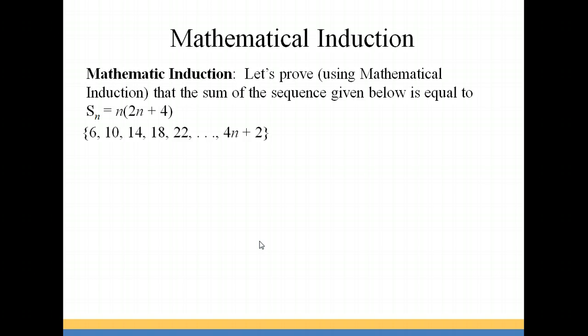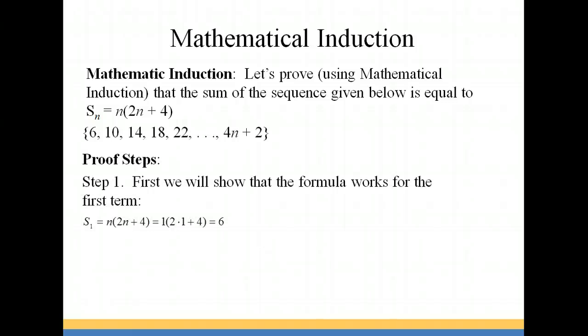Now what we're going to do is use mathematical induction to prove what we just showed, to prove that the sum of n terms is n times 2n plus 4. We're going to do that by first starting off by showing that it works for the first term.